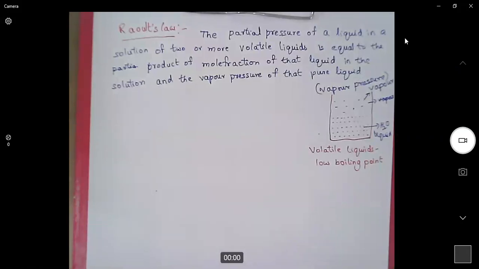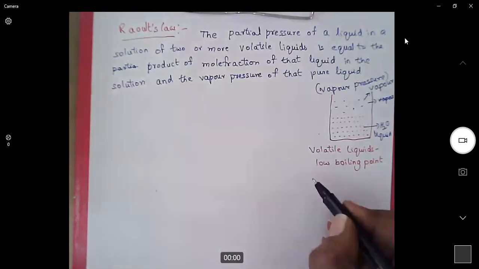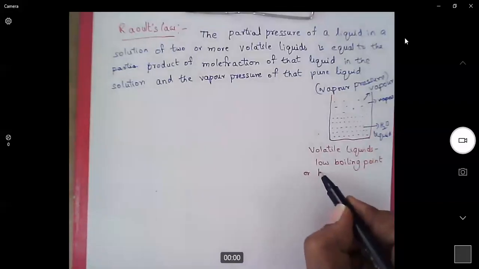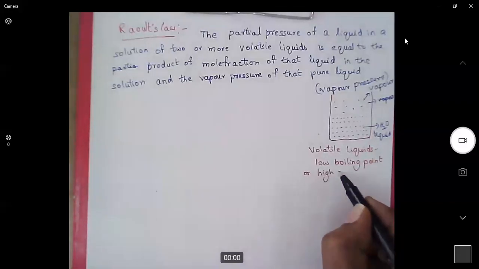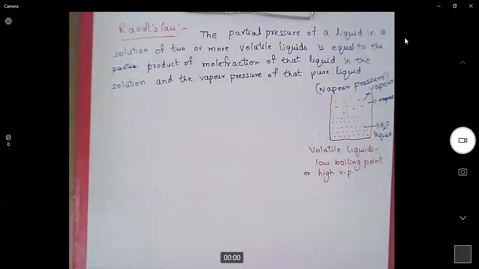If it has a low boiling point, or in other words, if it has a high vapor pressure. When the liquid has high vapor pressure, we can easily make this vapor pressure equal to atmospheric pressure by applying a very low amount of energy.